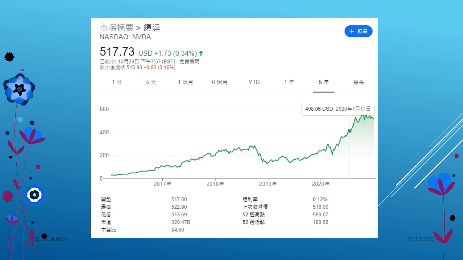So that makes Nvidia's PE, you can see the PE at the lower left-hand corner is 84.6 only. It's because its net profit really grows, not from property, right? Not because it owns a lot of Bitcoin. So actually, when we have time, we will introduce Nvidia in the program.